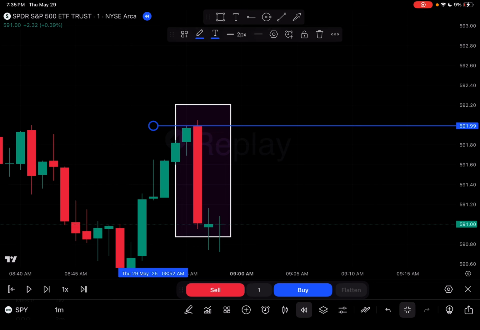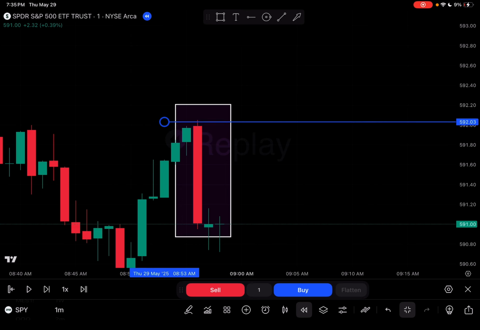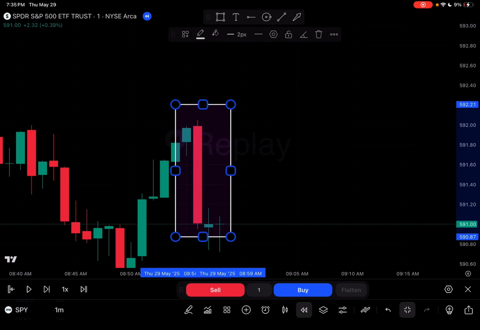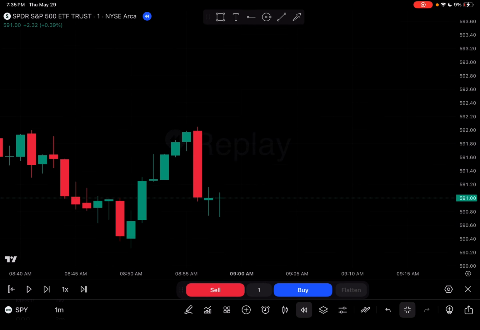So I personally would not consider this a supply zone, only because price here has gone above it. It's okay if it's maybe a little bit, but price came above it and went down. This could be considered a cute little liquidity zone, but I wouldn't consider that a valid supply zone personally, just based off experience, practicing this, back testing it.